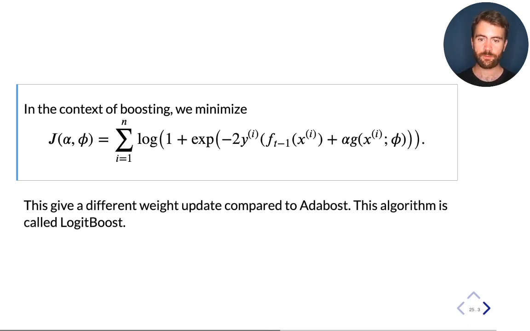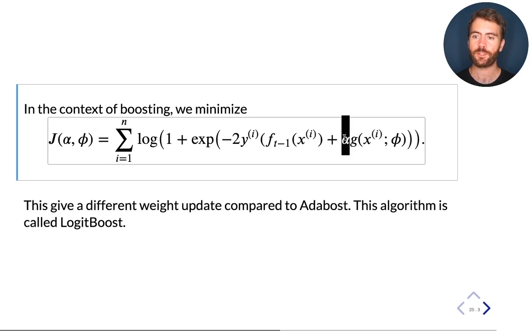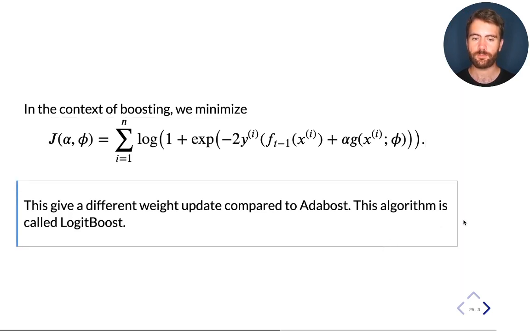We can also derive a way to define weights. This can also be seen as solving a weighted optimization problem of the data at each step. But the weights will be different, their formulas will be different, the formula for alpha will be different, and so this will be a different kind of boosting algorithm that is called LogitBoost.